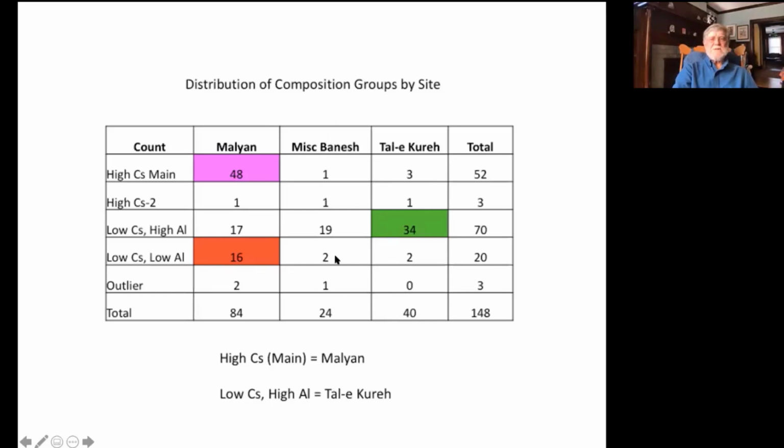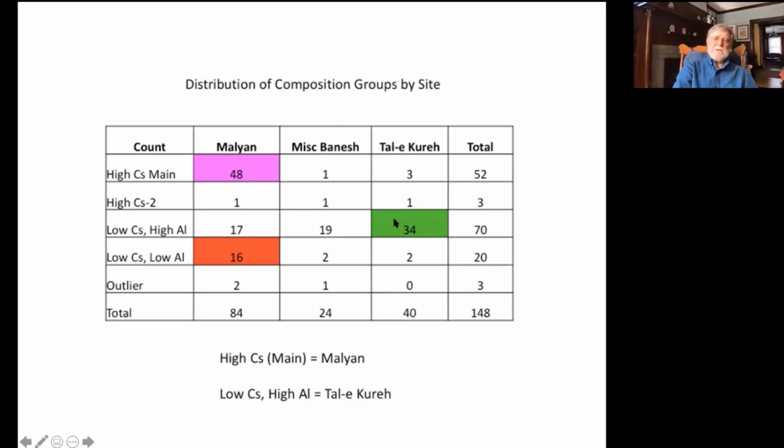No low cesium, no high cesium. Instead, they have the low cesium, high aluminum, which we think is being made at Tol-e Malian, where 34 out of 40, somewhere like 85% of the pottery is this compositional group.